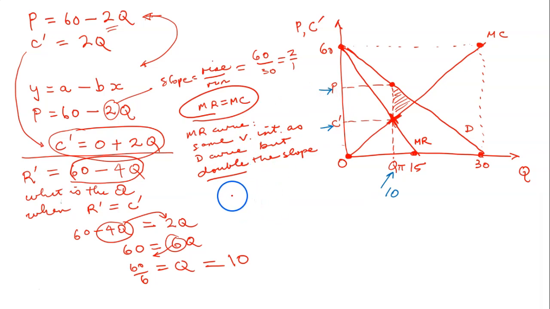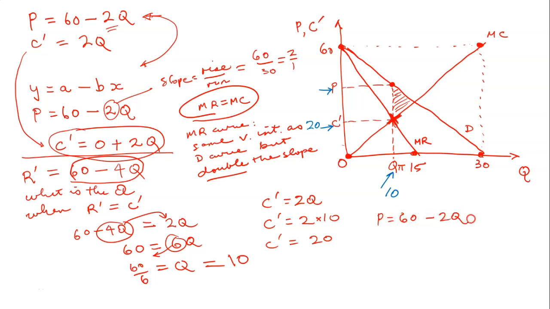Now all we need is these other values. Let's calculate the marginal cost at a quantity of 10. Marginal cost equals 2Q, so marginal cost equals 2 times 10, which is 20. And we want price. Price equals 60 minus 2Q.